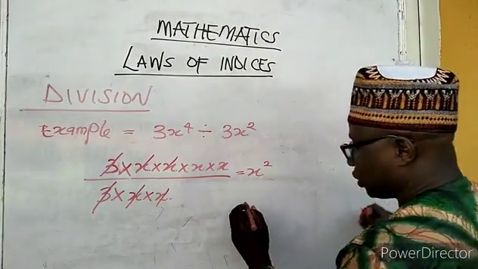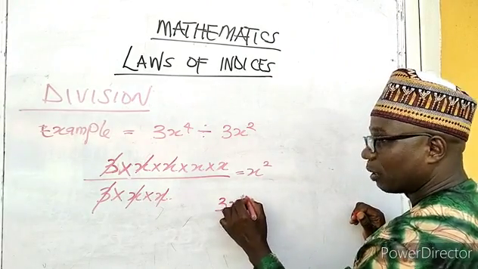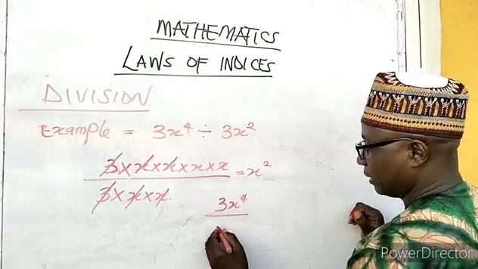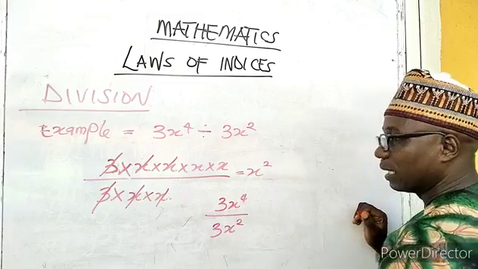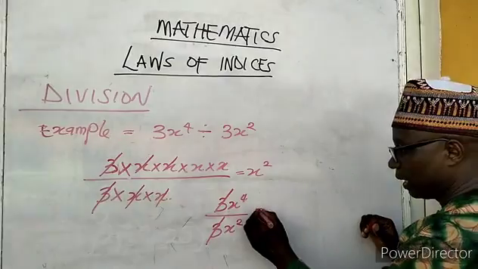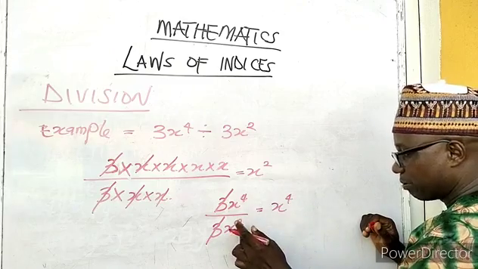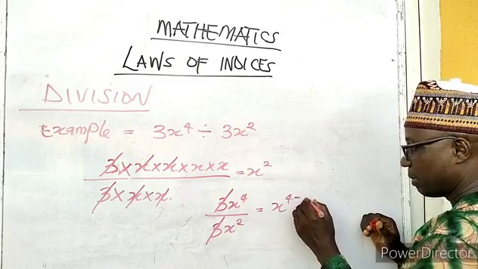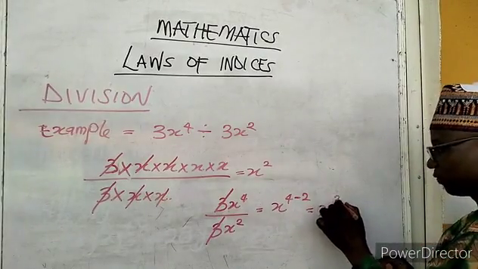Now, let us look for a shorter way by which we can deal with this. Can we write it this way by saying 3x raised to the power of 4 divided by 3x raised to the power of 2? Can we now say 3 cancel this 3? Now, what about if I say x raised to the power of 4 minus 2? What will it give me? It will give me x raised to the power of 2.